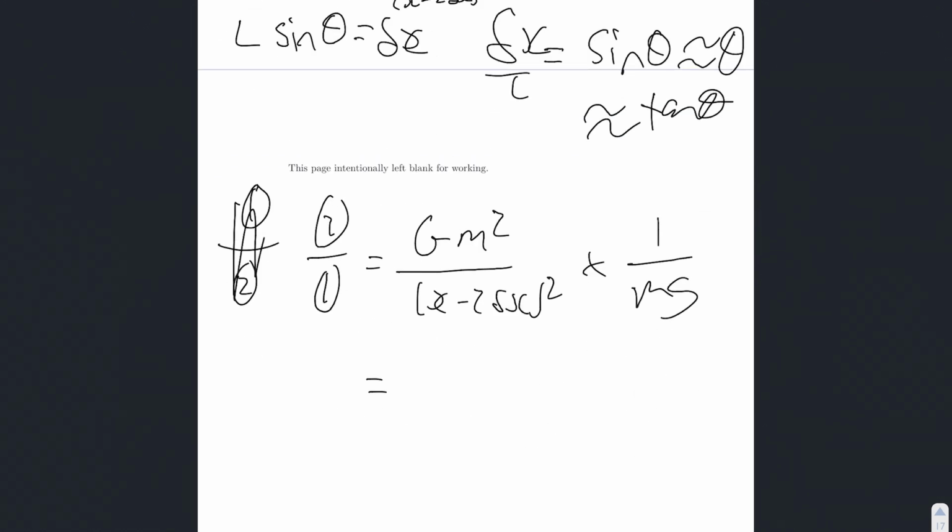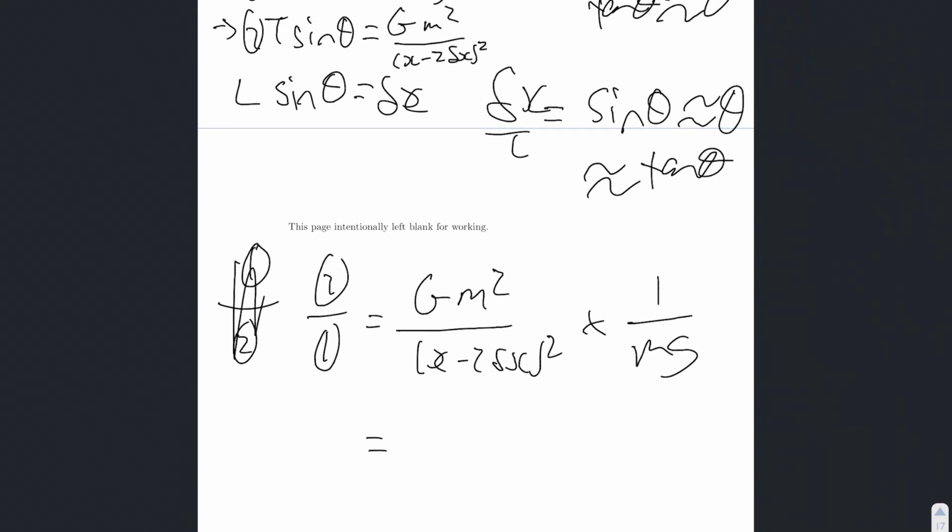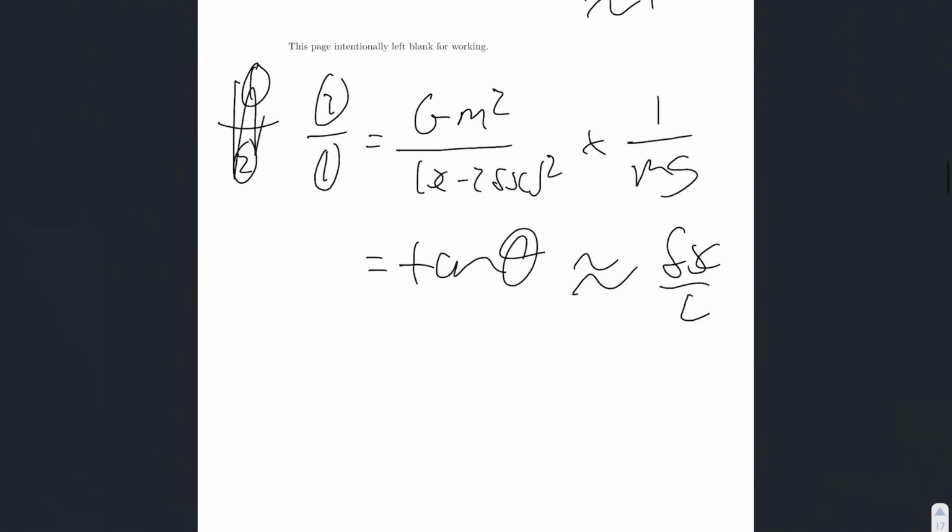We know that this equals T sine theta over T cos theta, which is just tan theta, which roughly equals delta x over L. So we then have G m squared over (x minus 2 delta x) squared times 1 over mg equals delta x over L.